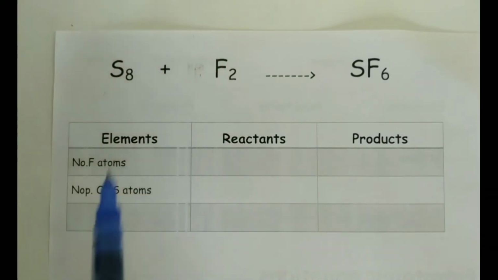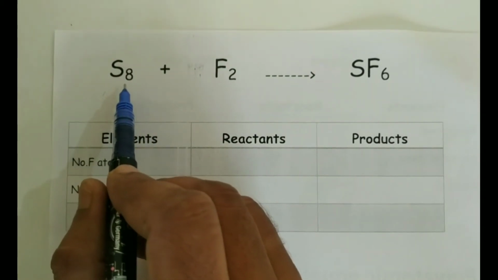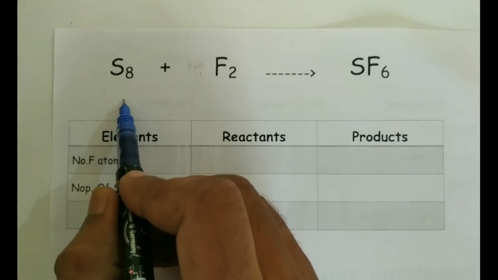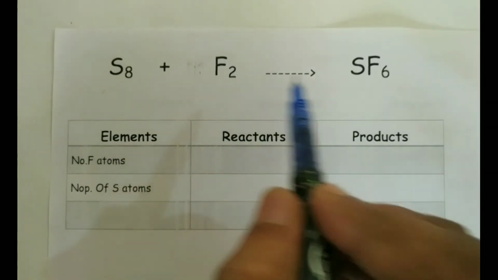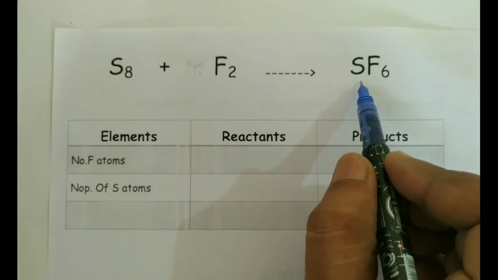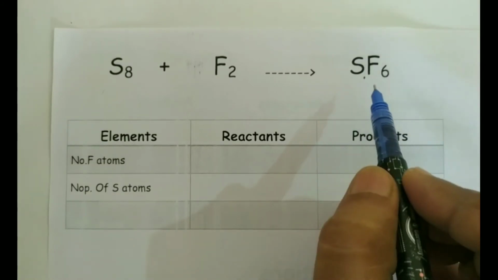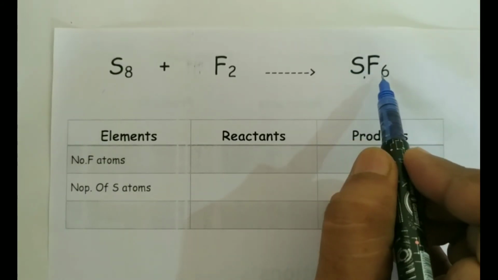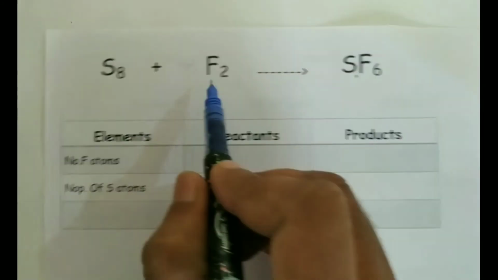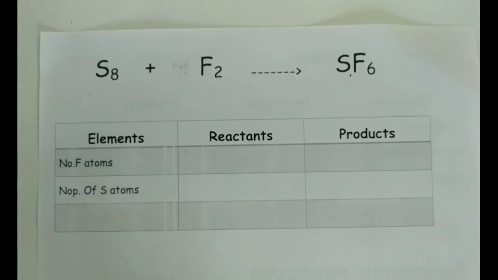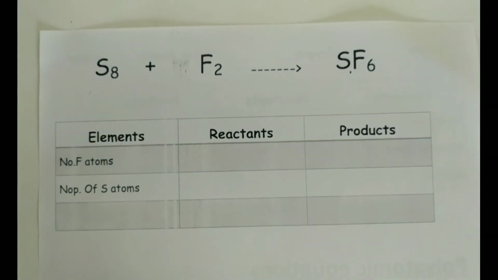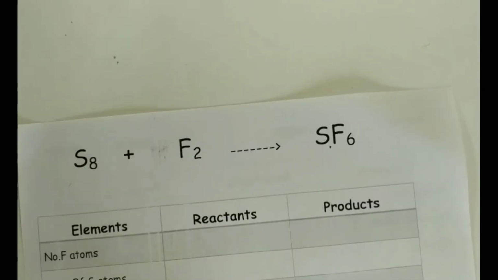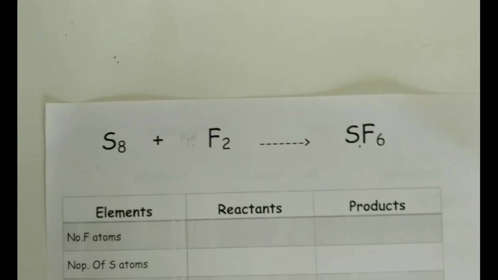No, it's not balanced because here 8 S are there and 2 F are there, but here S is 1, and see this subscript 1 is there and there is a 6 here, 2 here. So completely it's unbalanced. Now we are going to balance it. And what to do during balancing, I said?